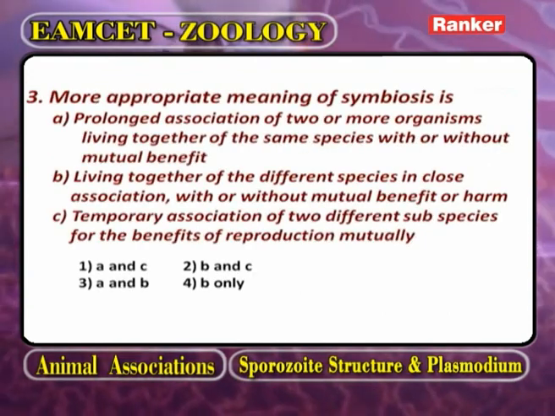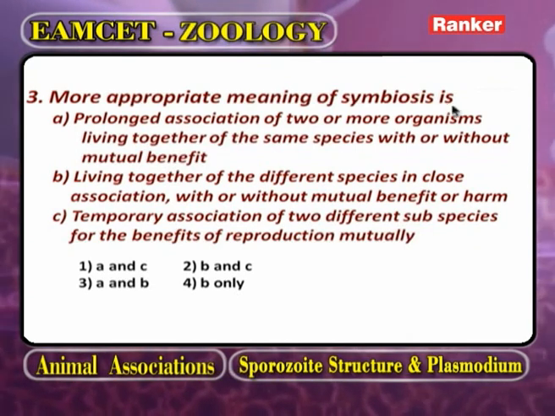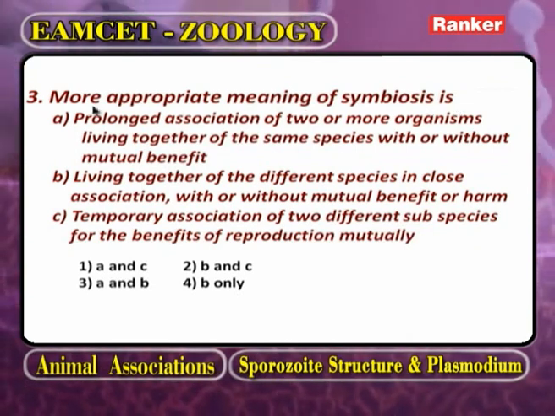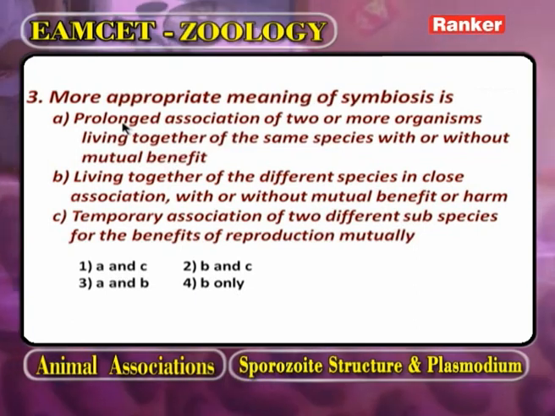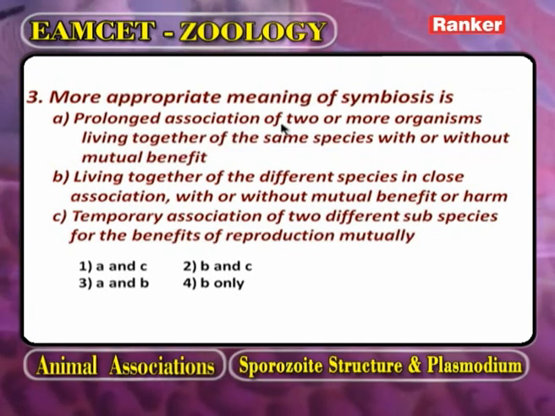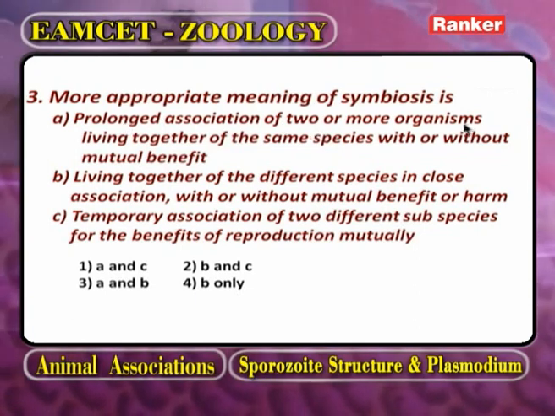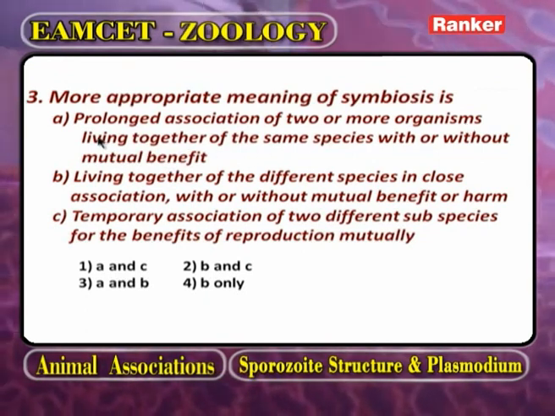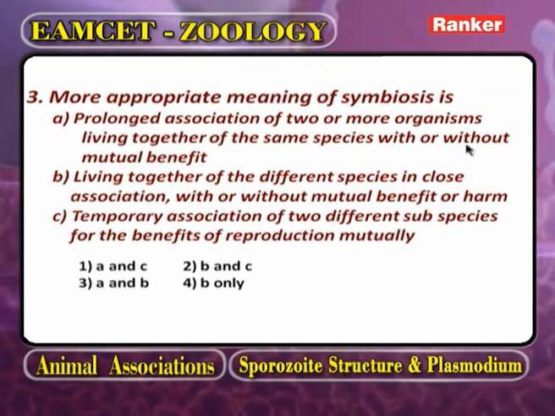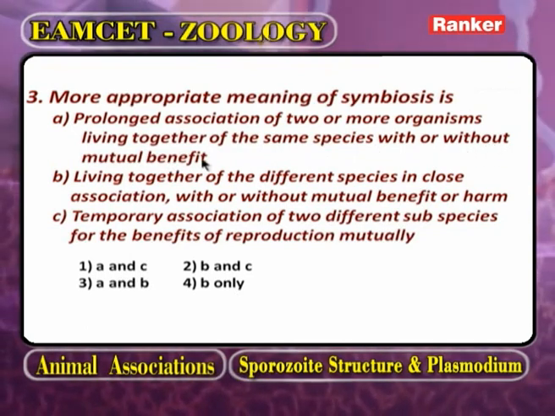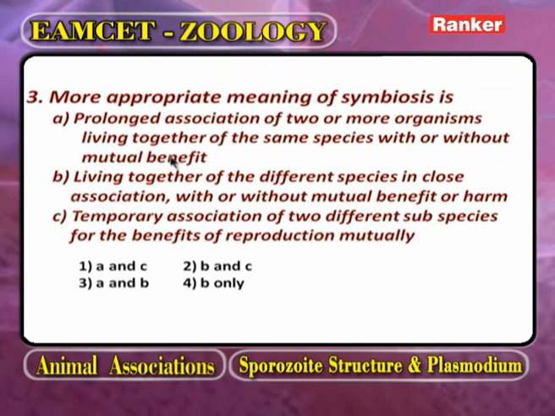What is the more appropriate meaning of symbiosis? The first statement: symbiosis is a prolonged association of two or more organisms living together of the same species with or without mutual benefit. We have a good idea regarding association.